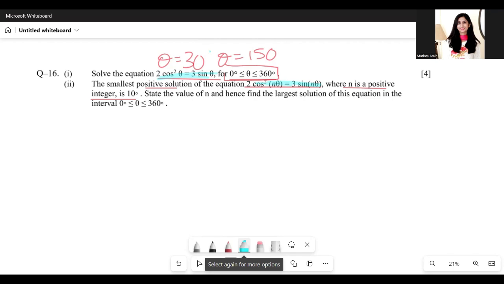So back to the question. Looking at these two equations, they are similar except theta gets replaced with n theta.